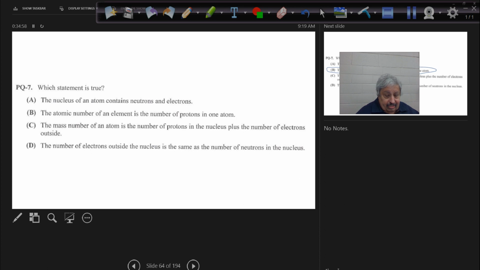The number of electrons outside the nucleus is the same as the number of neutrons in the nucleus. That's not true, correct? So the answer is B. Atomic number is the number of protons. Okay, you saw the answer there too.